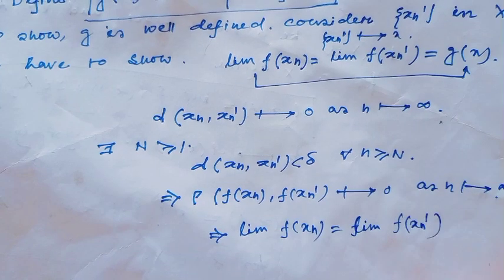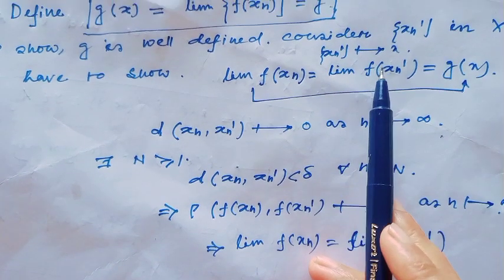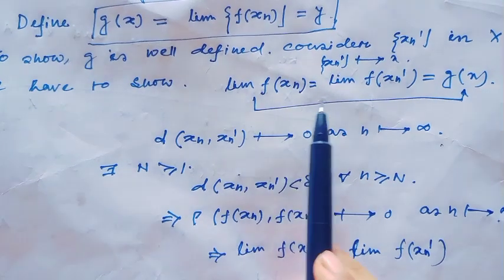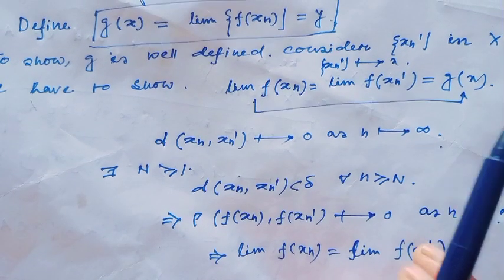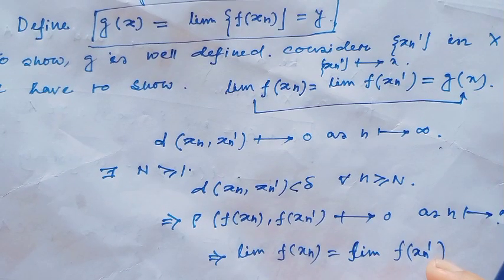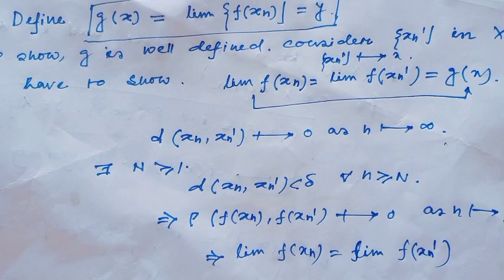That means if we consider another sequence which converges to the same limit, then limit of f(xn) equals limit of f(xn dash), which is equal to g(x). That means obviously g is well defined.